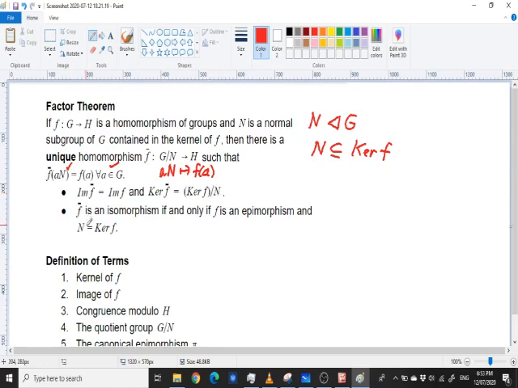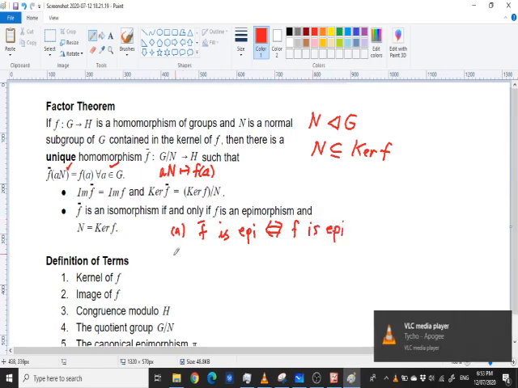And then finally, you have to show that f bar is an isomorphism if and only if f is an epimorphism and N equals the kernel of f. We prove it in two parts. The first part is f bar is an epimorphism if and only if f is an epimorphism.